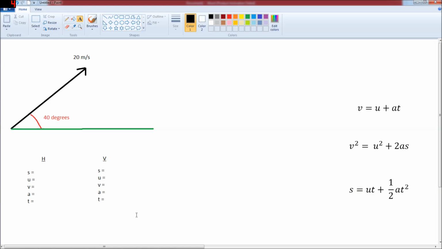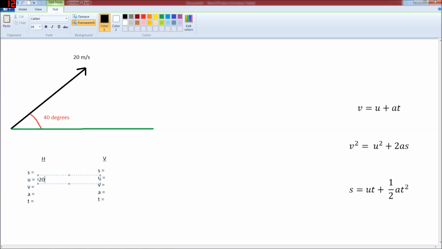So now we can start looking at what we actually know. In this question, we're only given a little bit of information: the speed and the angle of projection. So what can we fill out? From trigonometry, which you should have done by now, the horizontal velocity, u, is going to be 20 cos 40.